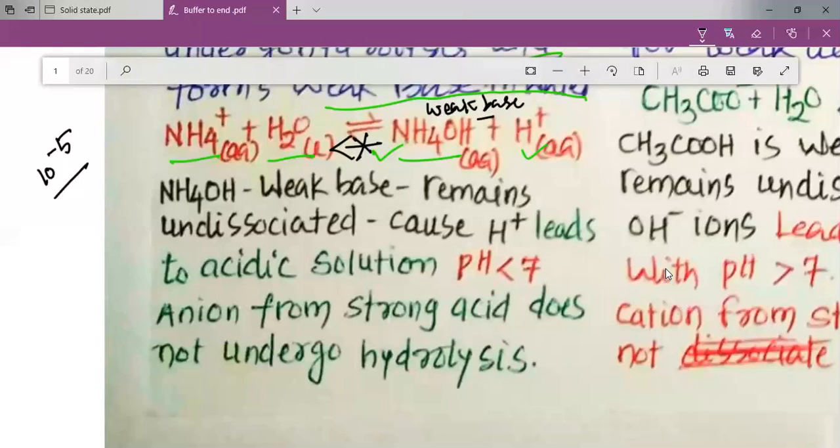Most of this NH4OH remains in the solution. As this NH4OH remains in the solution, it does not react. That means H plus ions, which are also created due to the creation of the NH4OH, also remain in the solution. As they remain in the solution, they create the acidic character.